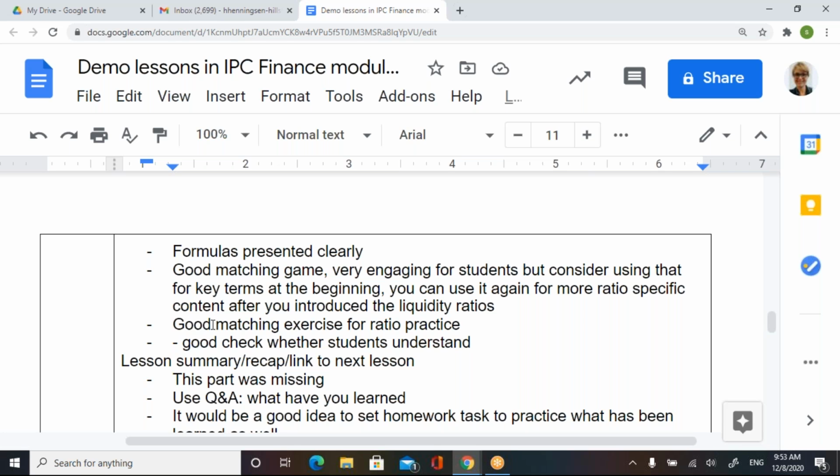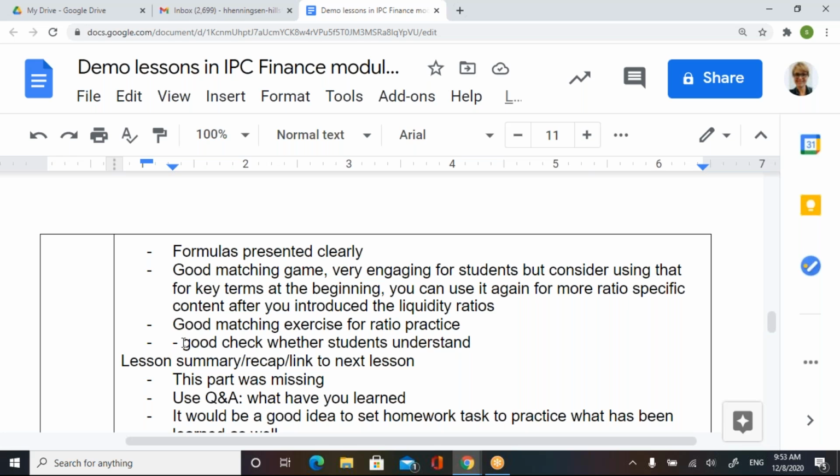So things like the formula, things like what the ratio actually calculates, but also remember there is a recommendation for the ideal ratio that you could include here. For the current ratio, that is 1.5 to 1, and for the liquid capital ratio, that is 1 to 1, isn't it? So there's actually a fair bit of content here that you can use for a matching exercise, okay?